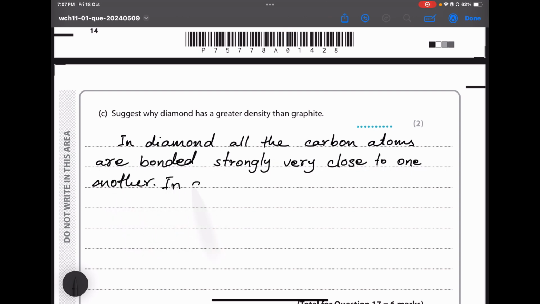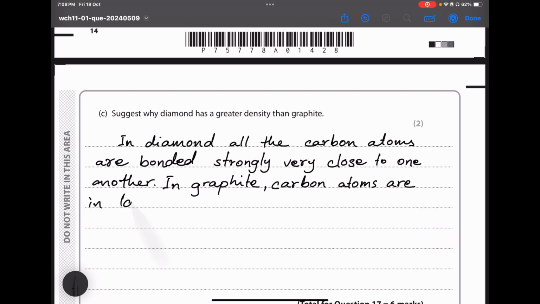But in graphite, carbon atoms are in layers.